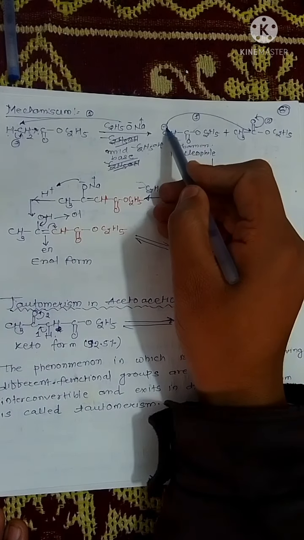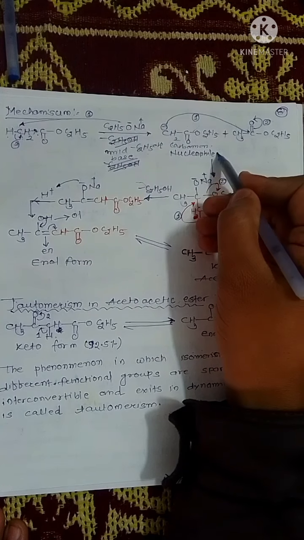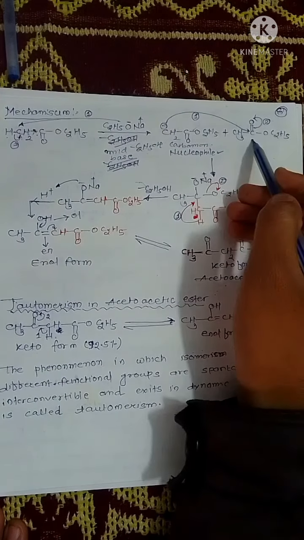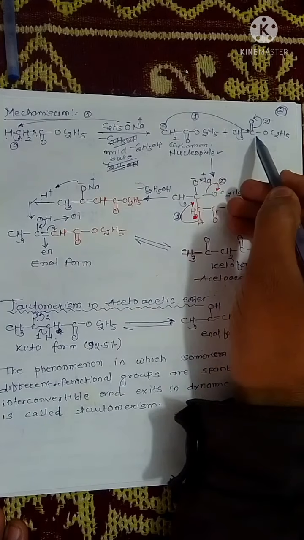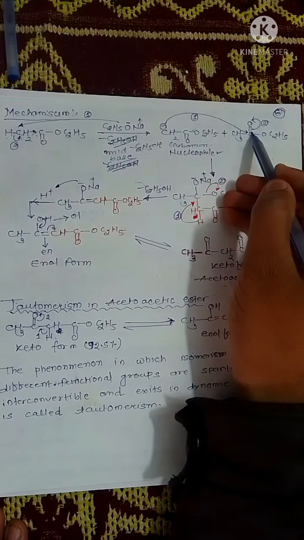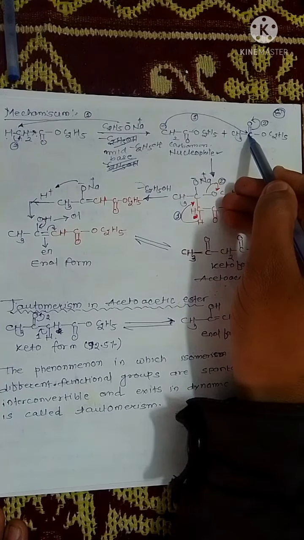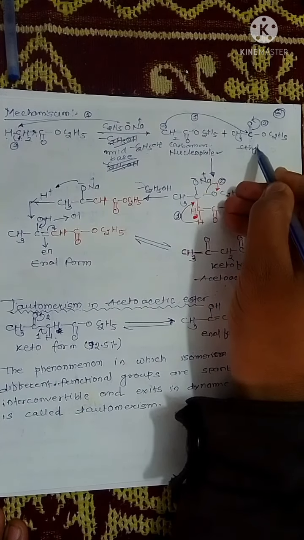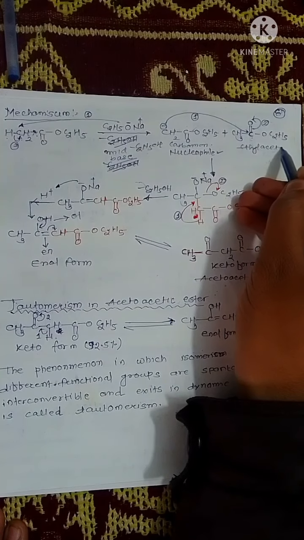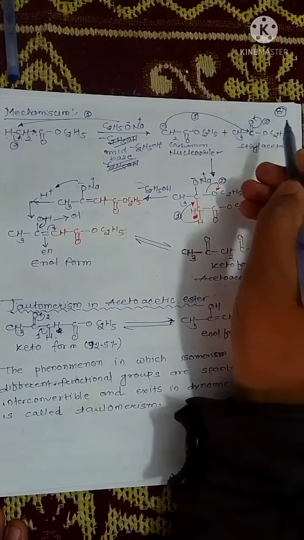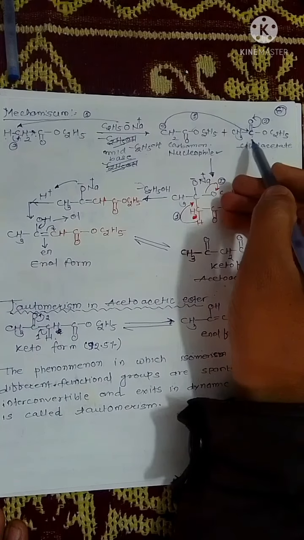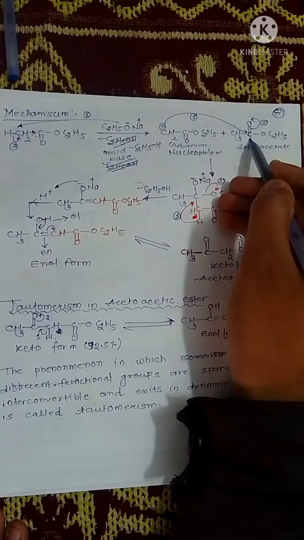Any species having negative charge is basically known as a nucleophile. So this nucleophile in the next step attacks the carbonyl carbon of another ethyl acetate molecule. Just see here, this negative charge attacks the carbonyl carbon.